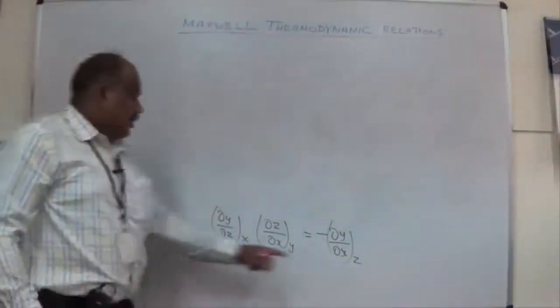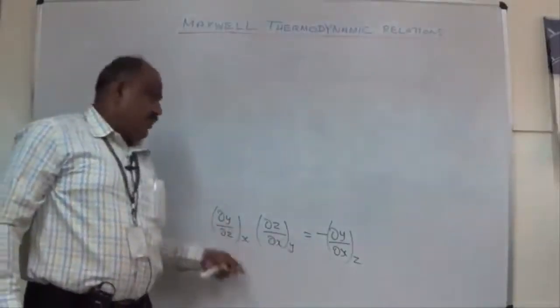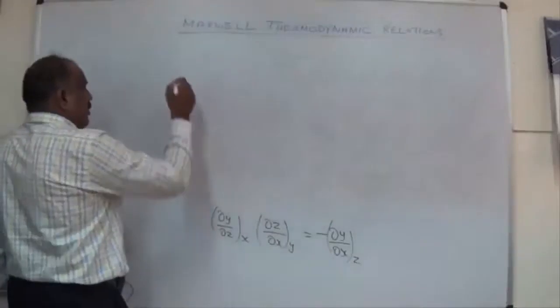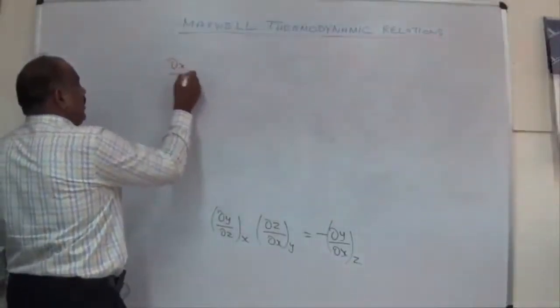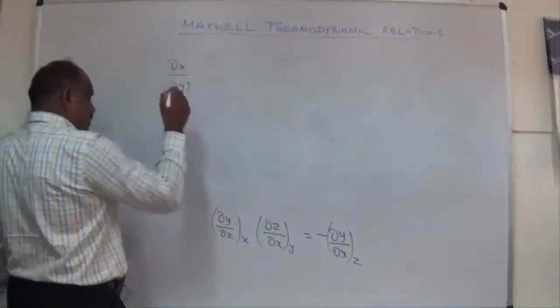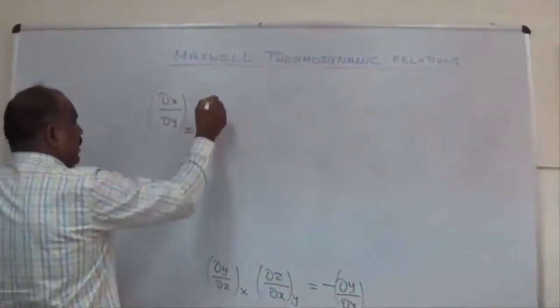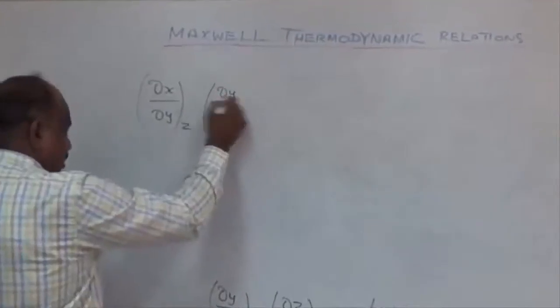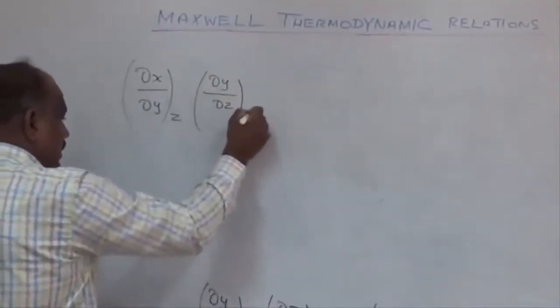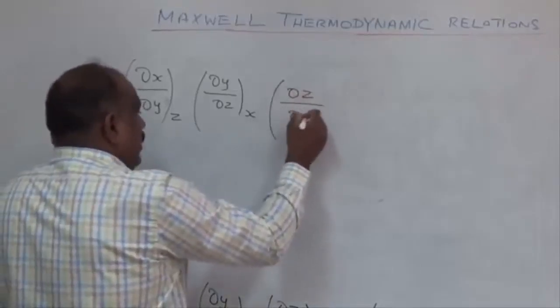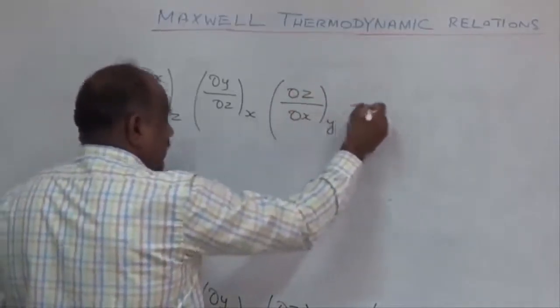When I cross multiply, it will become ∂x/∂y at z, then ∂y/∂z at x into ∂z/∂x at y. What is the right hand side?